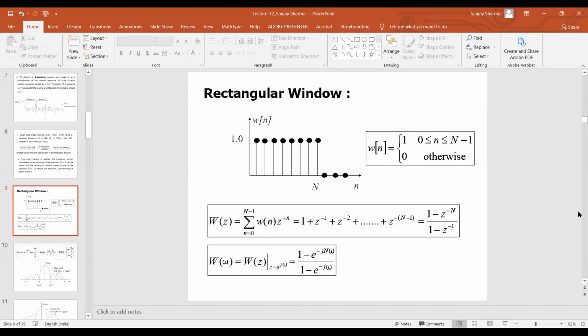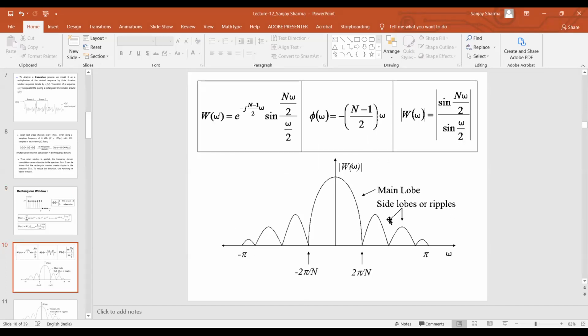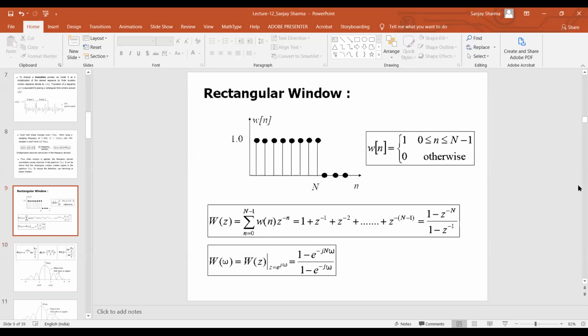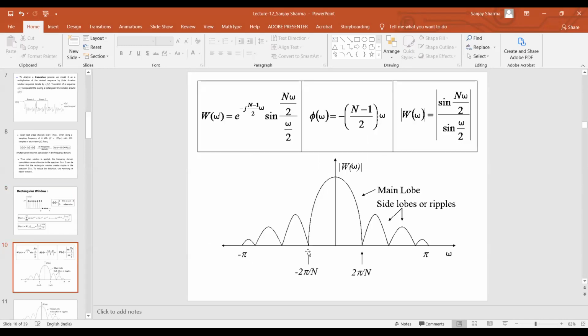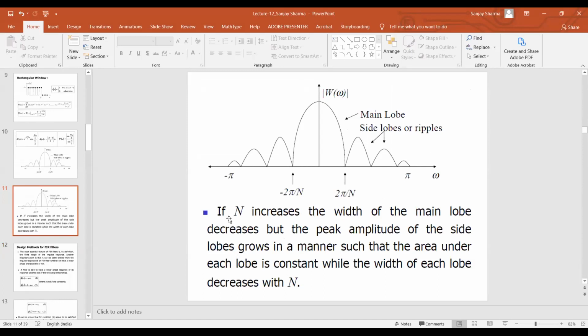If you analyze the frequency response of this window function, you see there exists a main lobe, and there are side lobes also present in the frequency response. These are known as ripples, which are basically the cause of distortion that the particular window introduces in the frequency spectrum.